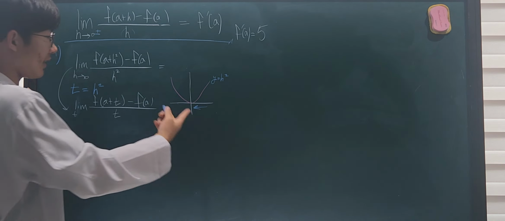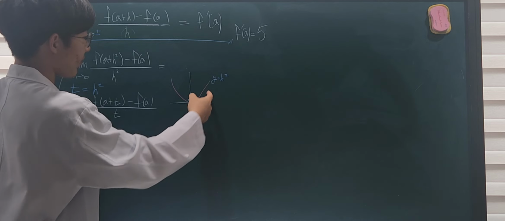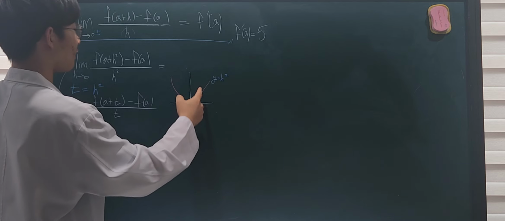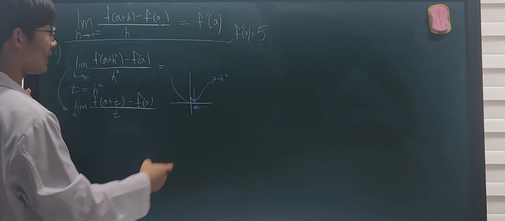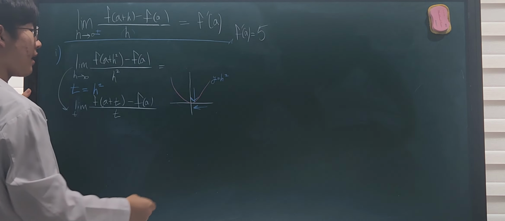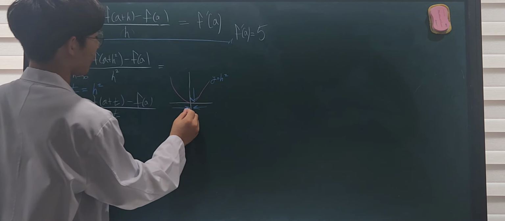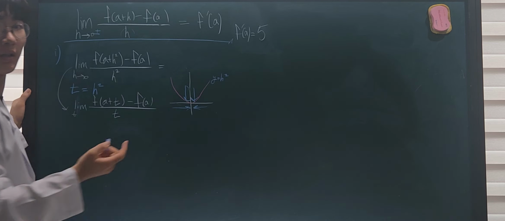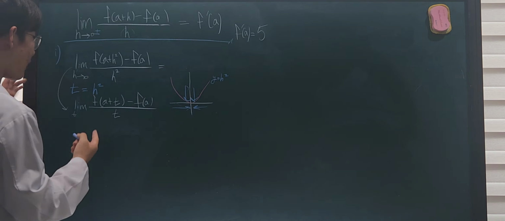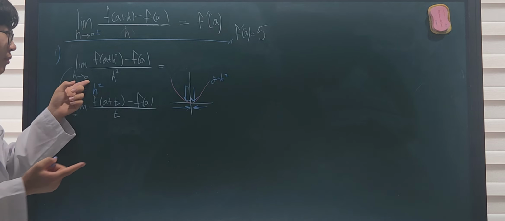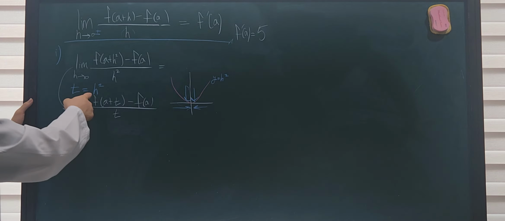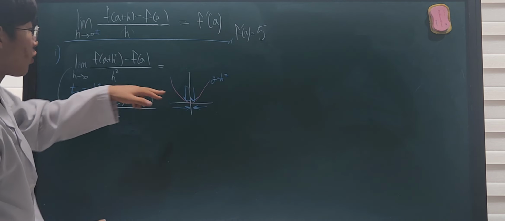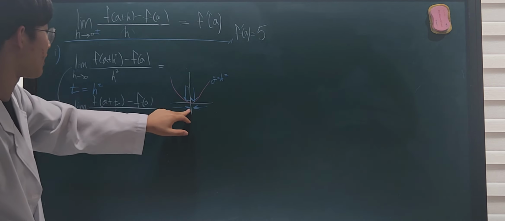However, is it becoming 0 from the positive side or the negative side? It started off big and continuously got smaller. So basically, h squared is becoming 0 from the positive side as h approaches 0 from the positive side. And now when h approaches 0 from the negative side, we also see the same case: h squared is approaching 0 from the positive side as well. So, considering the two conditions when h is approaching 0 from both the positive and the negative side, we see that h squared, which is the same as t, is approaching 0, however only from the positive side, not the negative side.